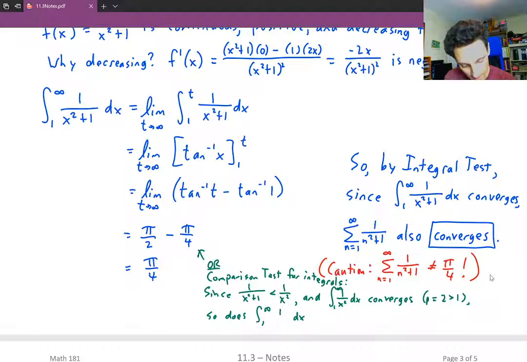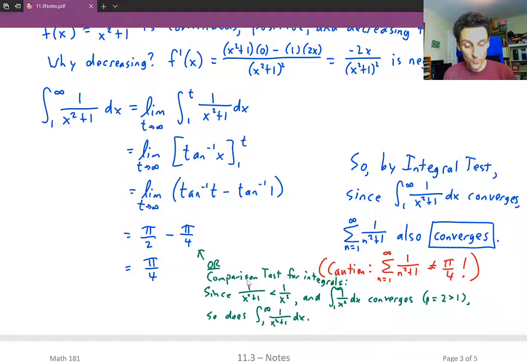Because if 1 over x squared converges as an integral, then a smaller function will converge as an integral as well. So that's how you can use the comparison test to say that the integral from 1 to infinity of 1 over x squared plus 1 converges. And then from there you would finish it off by saying, so by the integral test the series also converges.